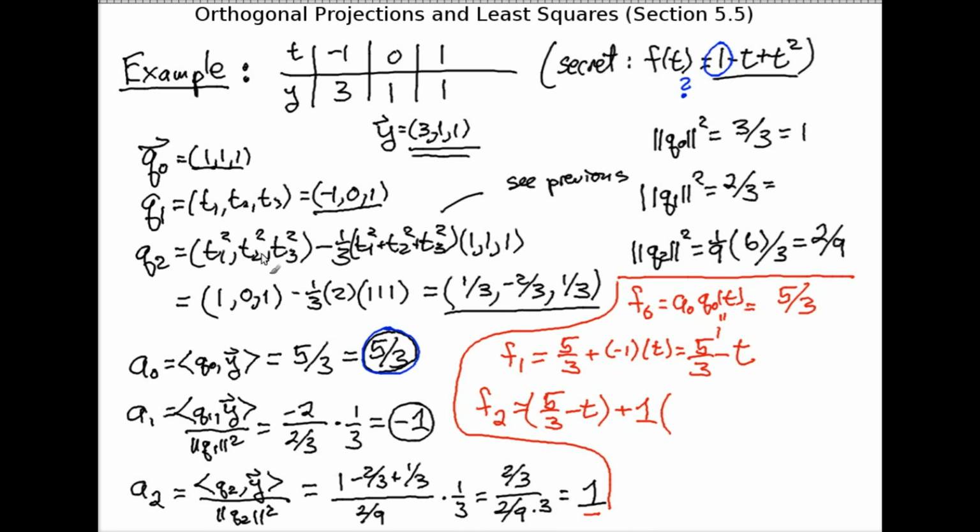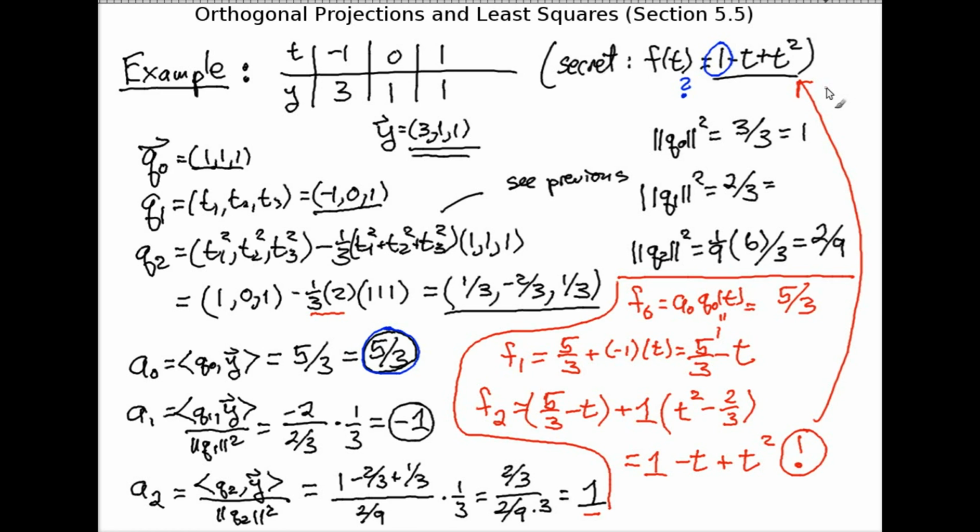Q2 is t squared minus 2/3. That's this 2/3 right here. This is the key point: this f2 is not just t squared, it has a constant term in it. And what you get is 5/3 minus 2/3 is 1, minus t plus t squared. And that's exactly correct.